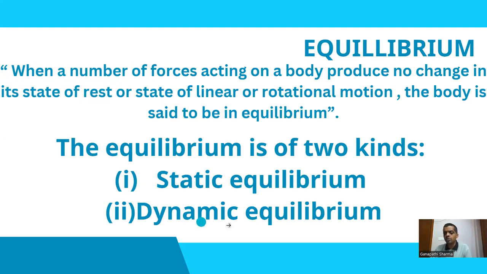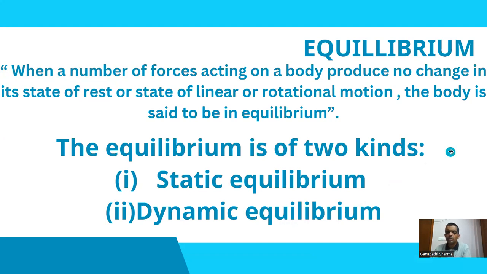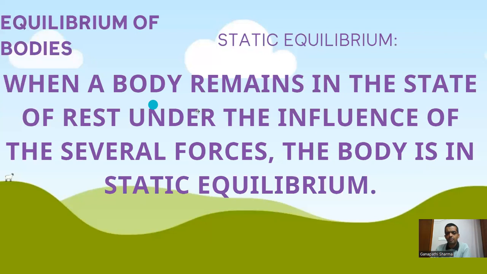When it is in motion, it is called dynamic equilibrium. Many forces act; you would have seen everyday examples. These are the two. What is static equilibrium? A body that remains stationary at rest under the influence of several forces is called static equilibrium. The body is static, it is at rest only. That is called static equilibrium.